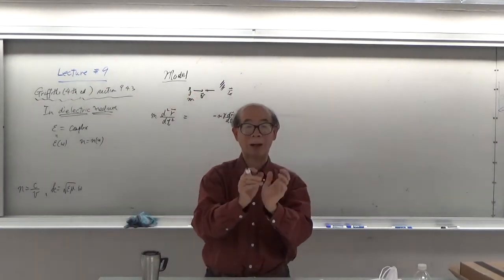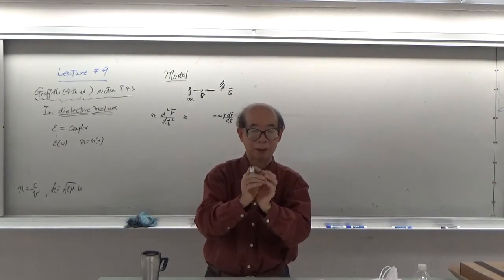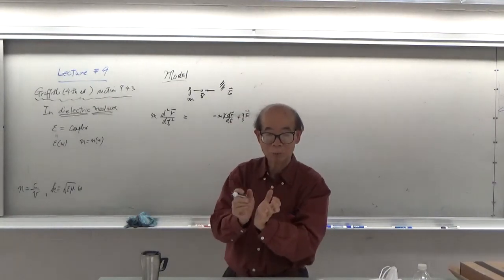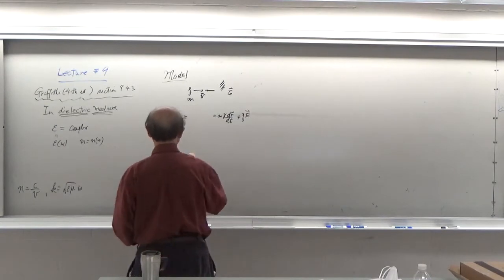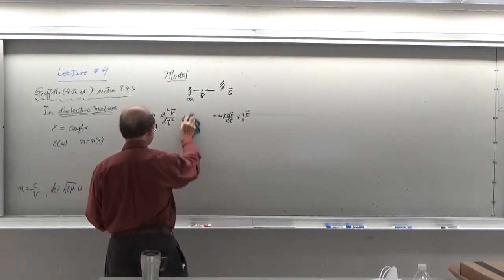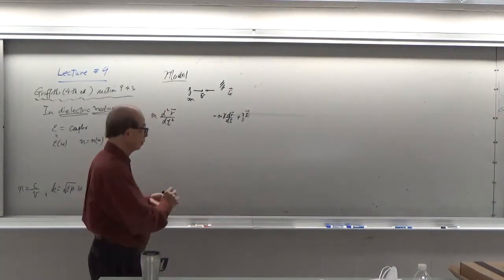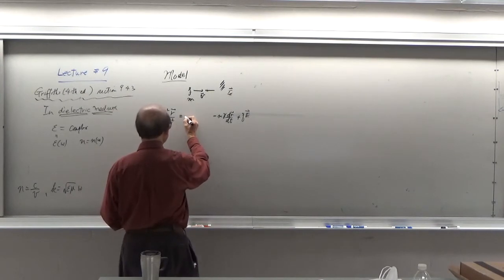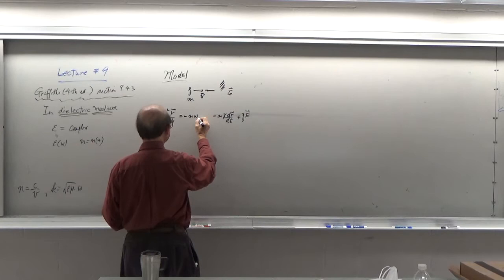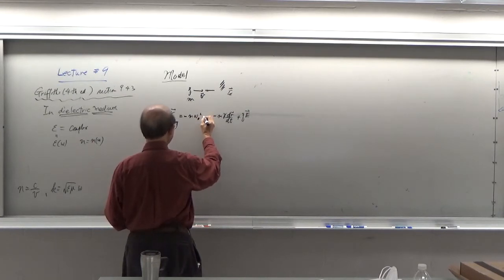But now we are talking about this charge being one of the charges bound inside a certain molecule. And how do you bind the charge? By means of a certain force. For that force, for this model, we are assuming it to be a harmonic force, so it's equal to minus m omega naught squared r.